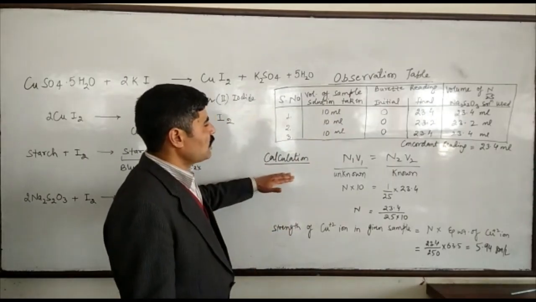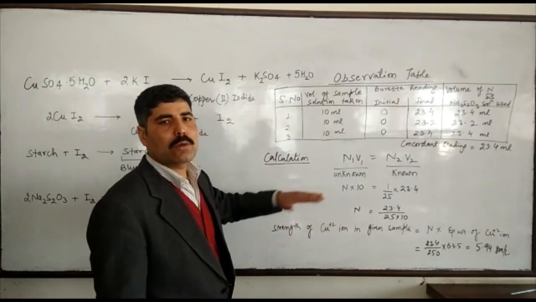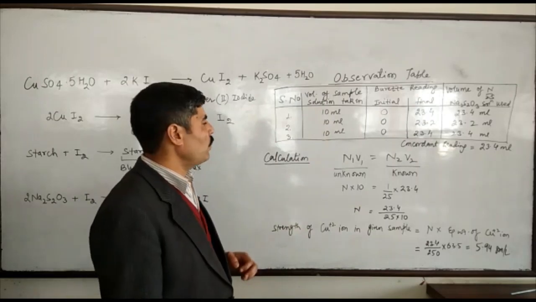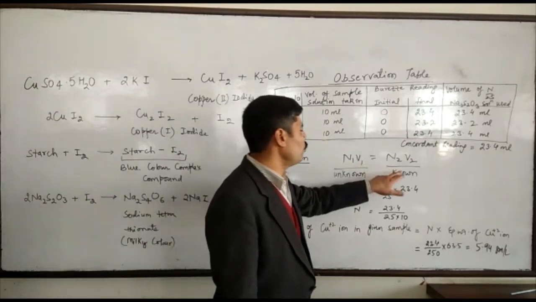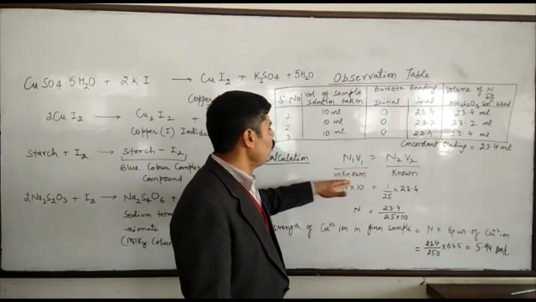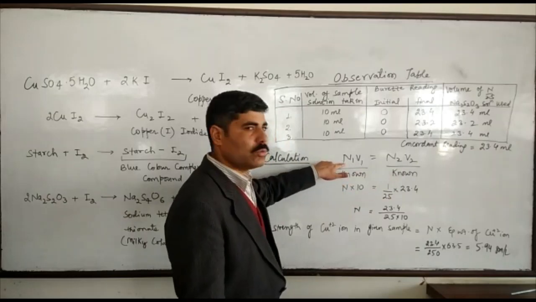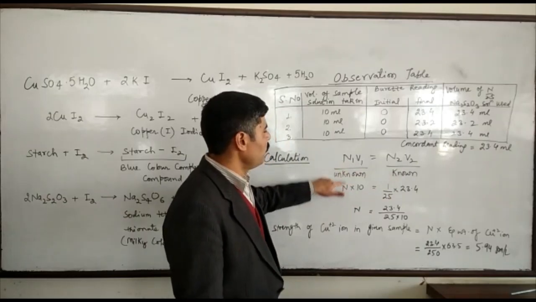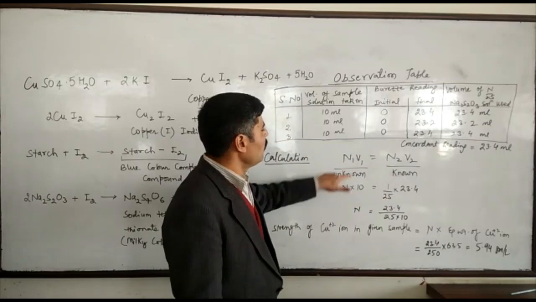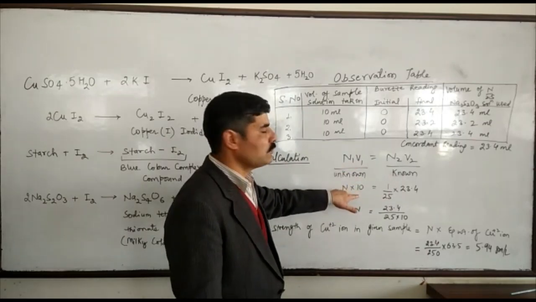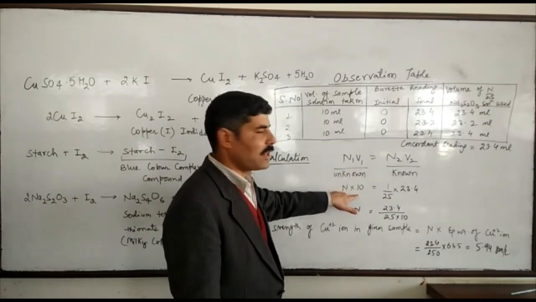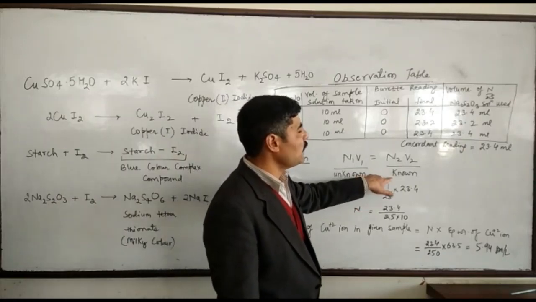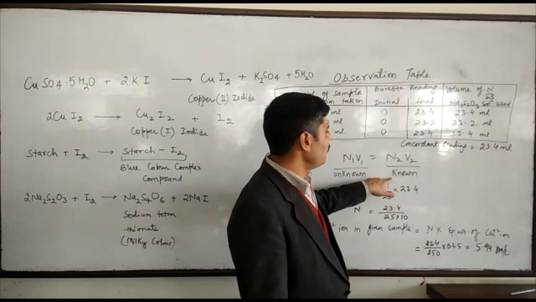In the calculation, firstly we have to calculate the normality, and normality is calculated with the help of the normality equation, that is N1V1 = N2V2. N1 is for the unknown solution. The normality is not given to us. We put V1, the volume we took in the conical flask of the unknown sample solution, that is 10 ml, and the known is the sodium thiosulfate solution.